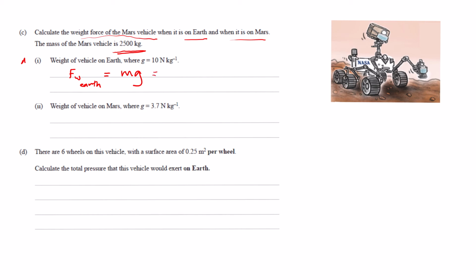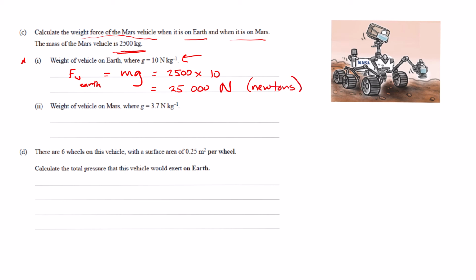The mass is 2,500 kilograms times g on Earth, 10 newtons per kilogram. So the weight force on Earth is equal to 25,000. And remember, it's a force, so our units for force are newtons.